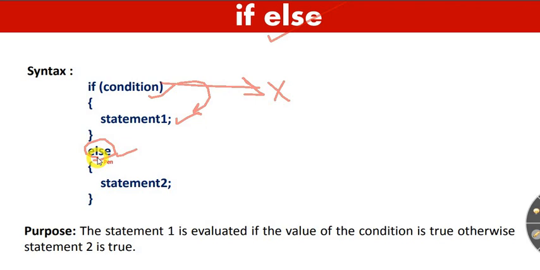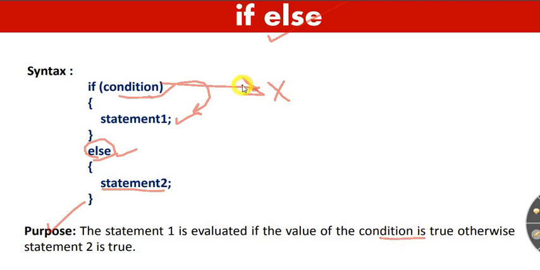In the earlier case there was no output if the if condition failed. But if this condition fails, whatever statement 2 is written is going to be printed. So the statement 1 is evaluated if the value of the condition is true.